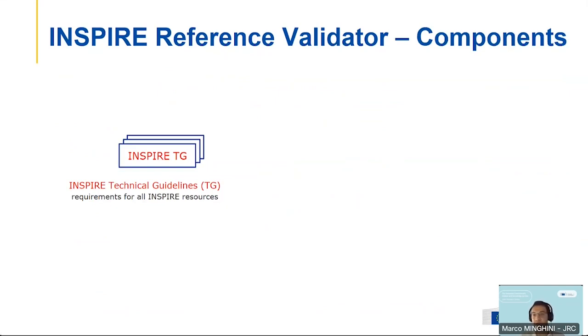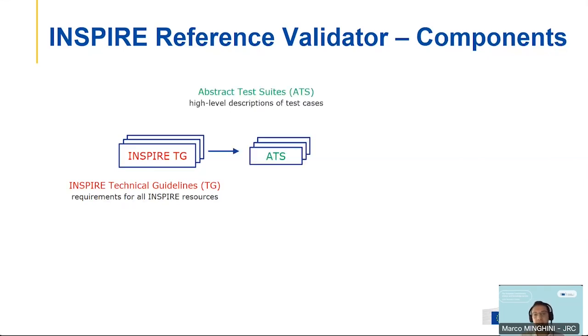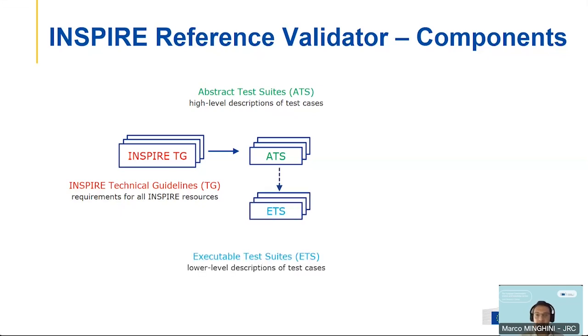What are the components of the validator? So when we talk about the INSPIRE Reference Validator, we talk about a set of components, starting from the TG, which, as I said before, provide the requirements for all the INSPIRE resources. At the first level, these are translated into abstract test suites, or ATS. These are the high level or the abstract descriptions of the test cases. At the second level, these are translated into executable test suites that are really the lower level.